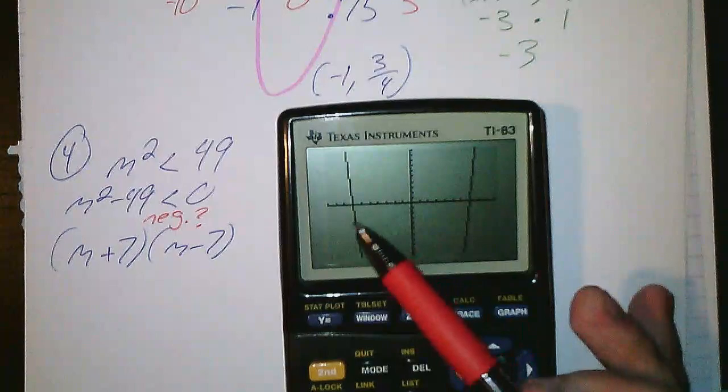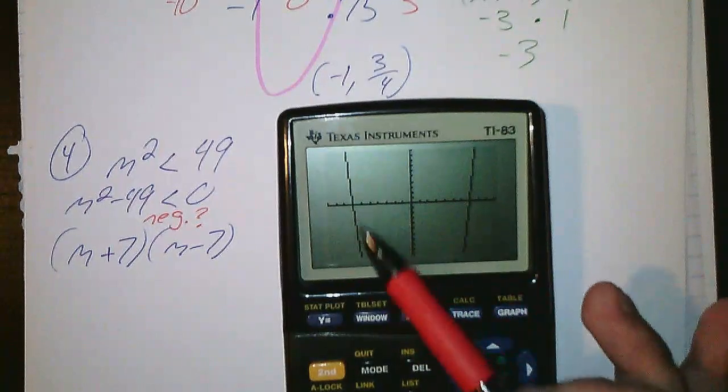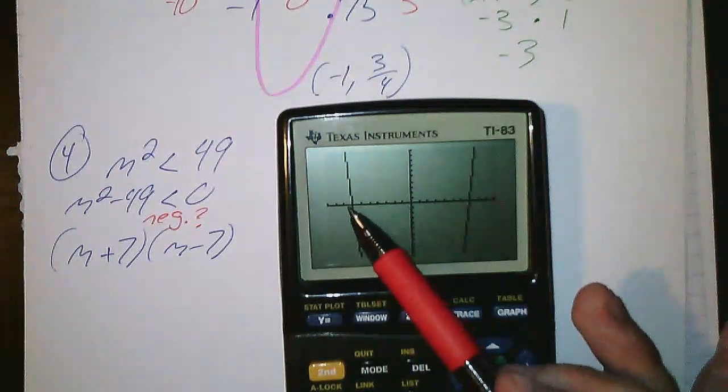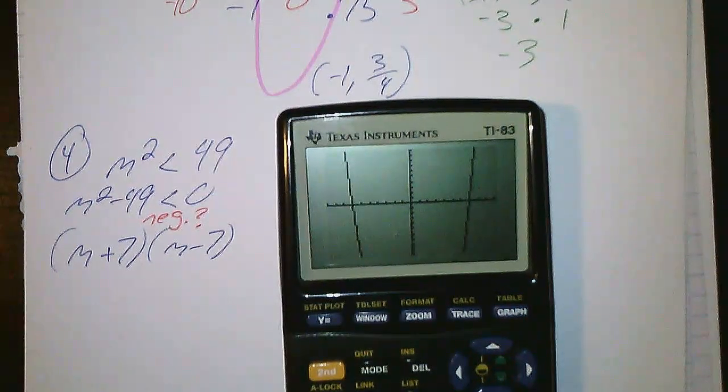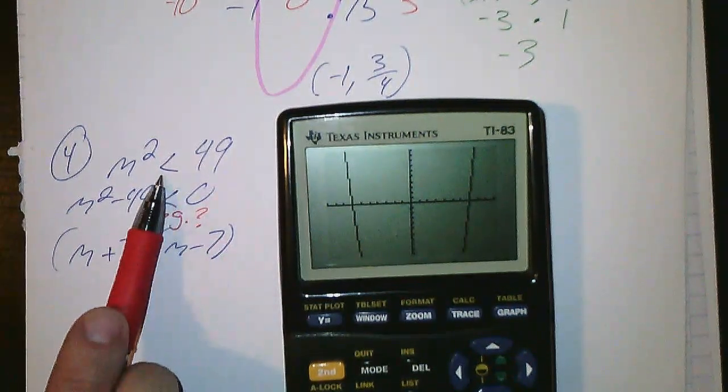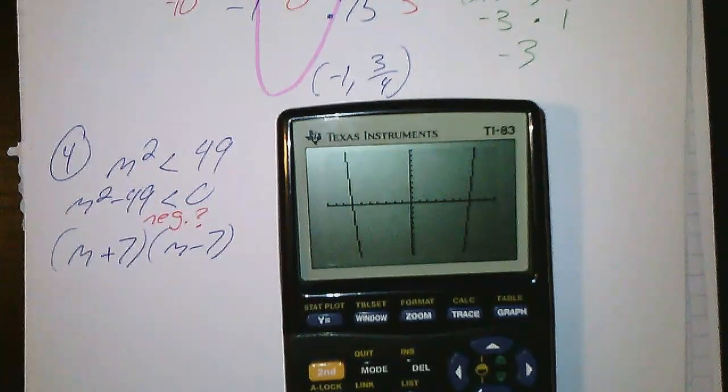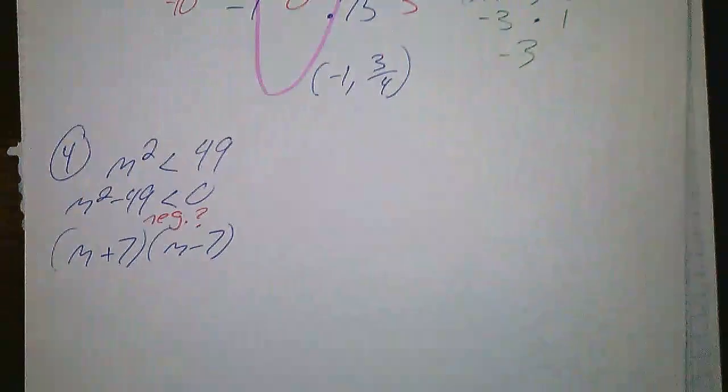And on the calculator, that's just below the x-axis. So from -7 to +7. No line under the symbol here, so we would use parentheses. If you had a line under the symbol, you would use brackets.